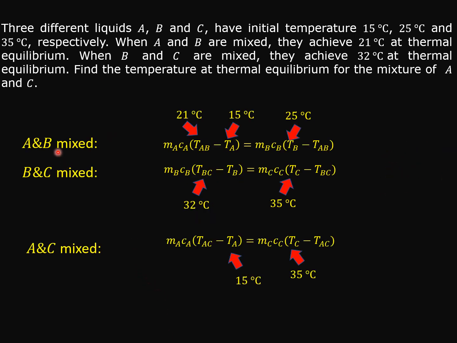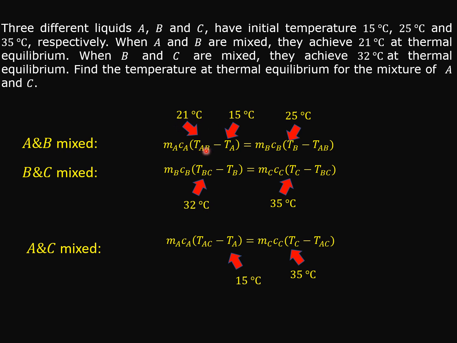When liquids A and B are mixed, they will exchange heat. If you look at the initial temperatures of A and B and compare them with the temperature at thermal equilibrium, we can see that the initial temperature of A is 15, the initial temperature of B is 25, but the temperature at thermal equilibrium is 21.